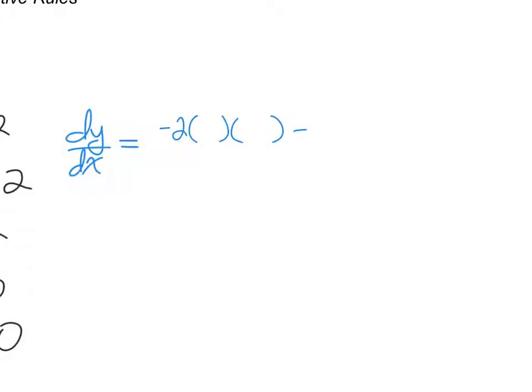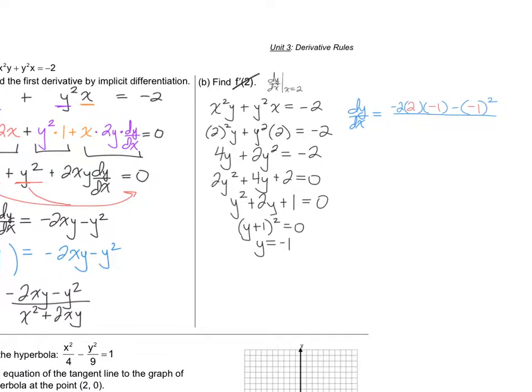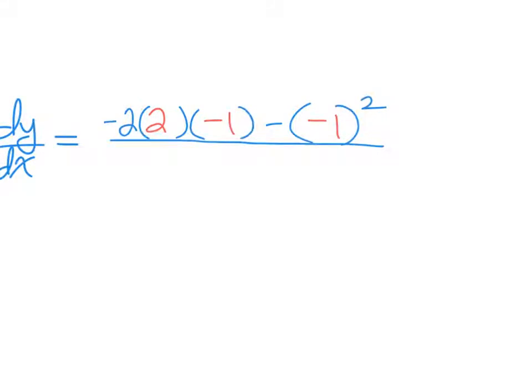The x value is 2. The y value is -1. Then on the bottom, x squared plus 2xy. I'm just putting it into dy/dx from part A, exactly.